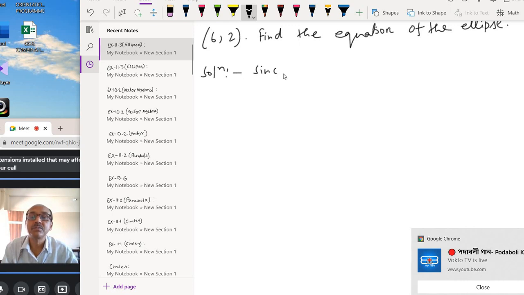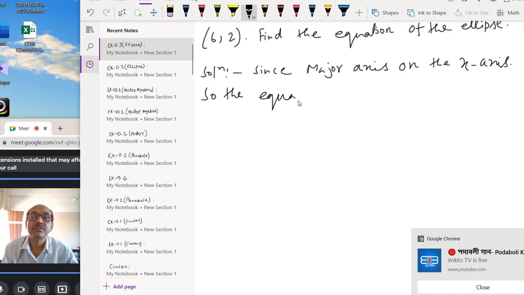So since major axis on the x-axis, the equation is of the form, so major axis on the x-axis means focus is on the x-axis, so type 1.